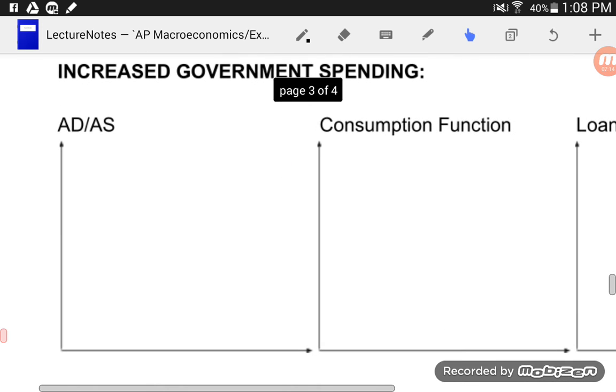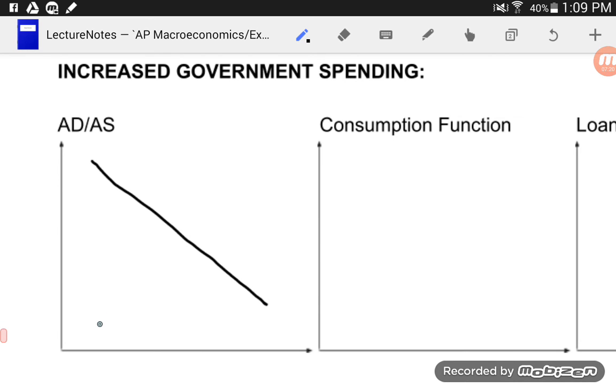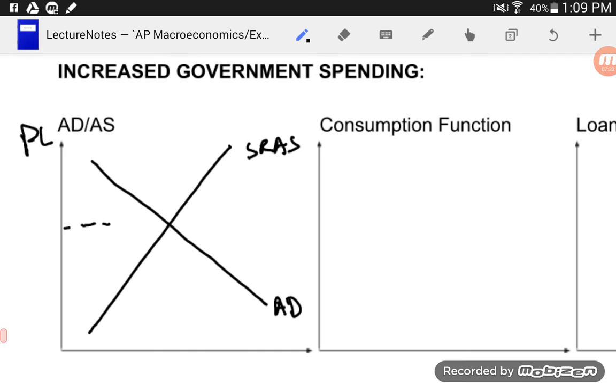So what would happen if the government increases spending? Well, let's go back to where we are currently in a recession. So there's aggregate demand, short run aggregate supply, price level, we're at price level 1, and output 1, and this is real GDP.